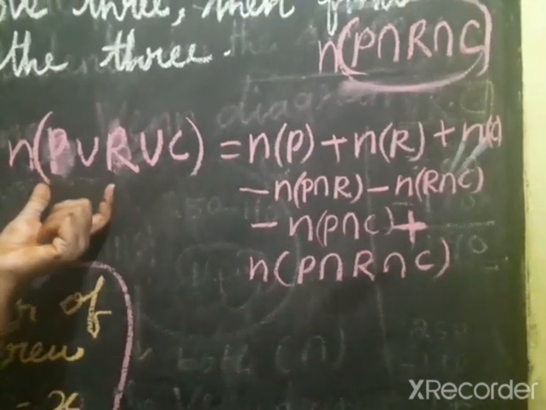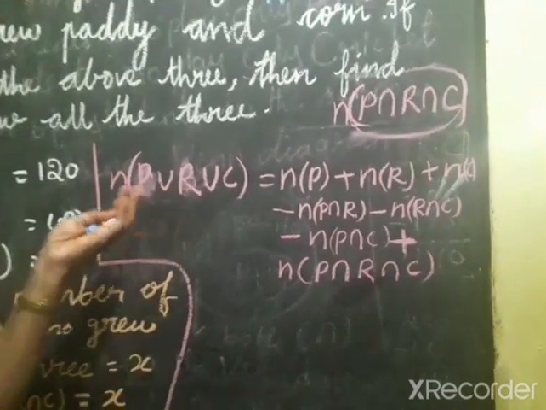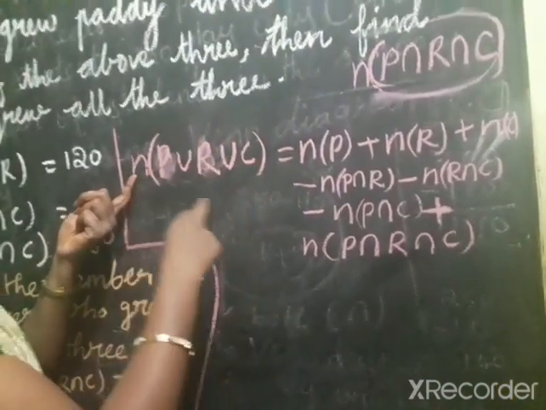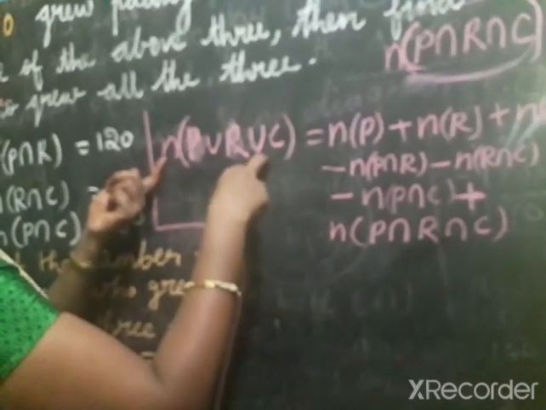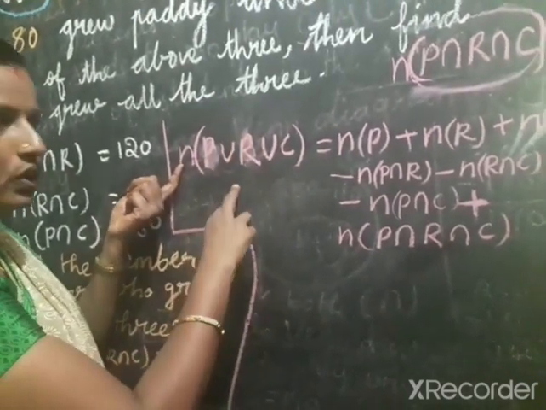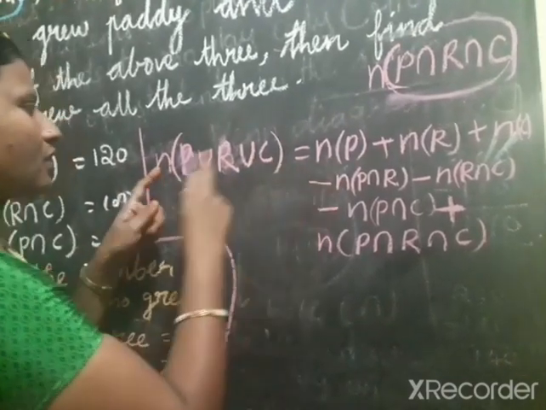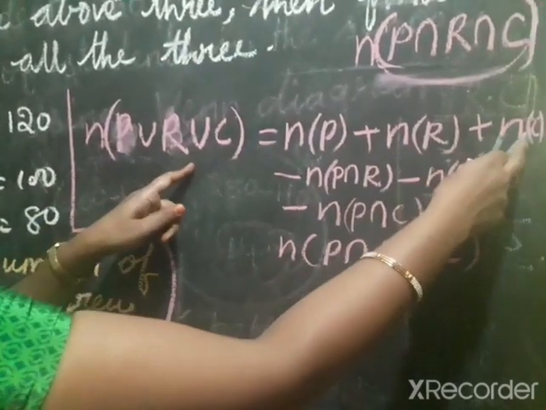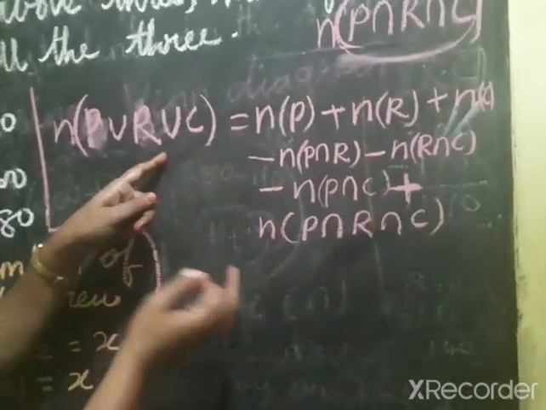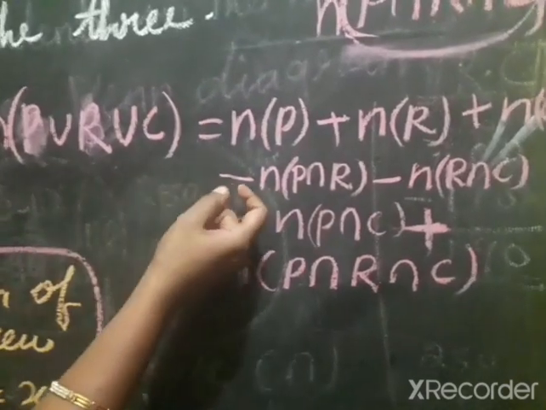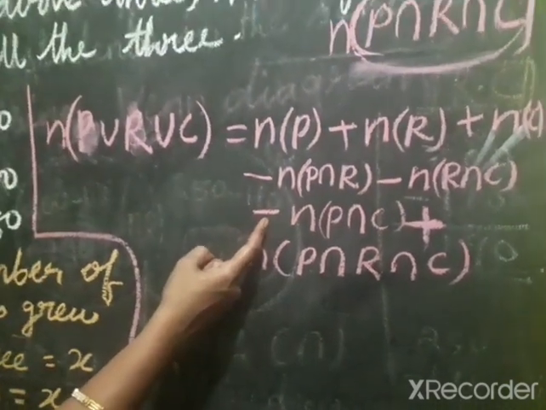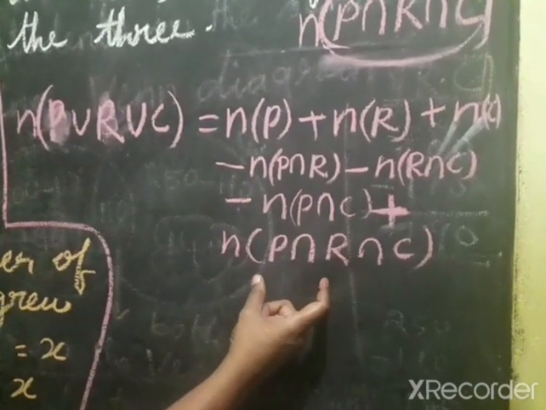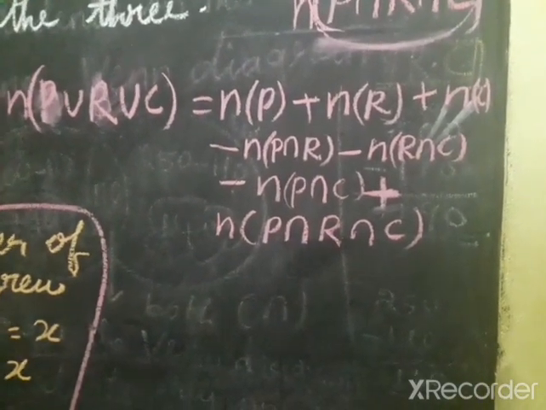If you understand it, you need not memorize it. When three sets are given, first write N of P for the first set paddy, then the second set ragi and third set corn, so put plus symbols. Then for the intersections of two sets put the minus symbol, and finally put the plus symbol for the intersection of all three sets. Okay, this is the formula.